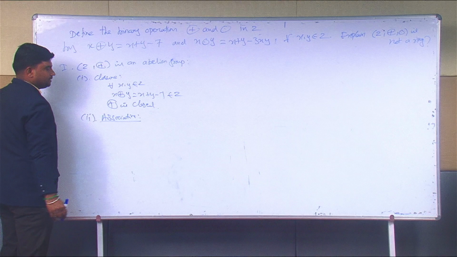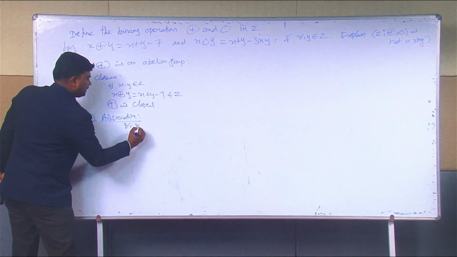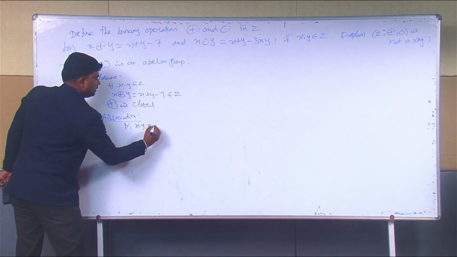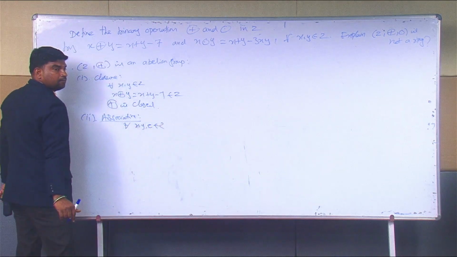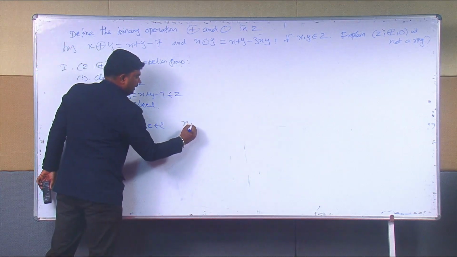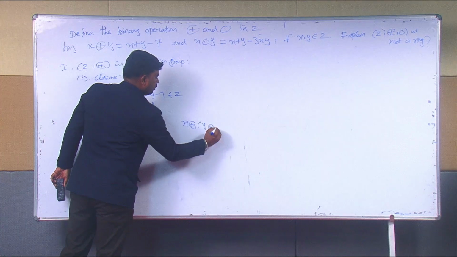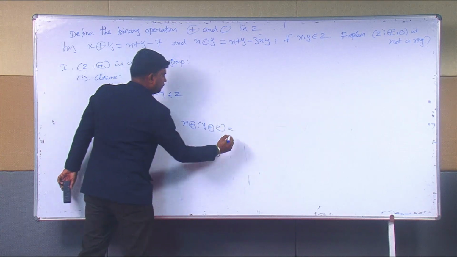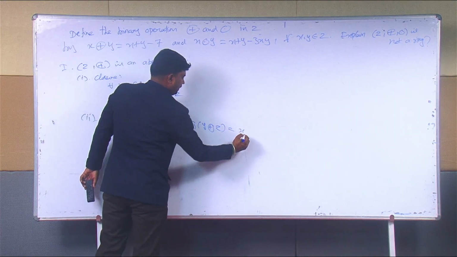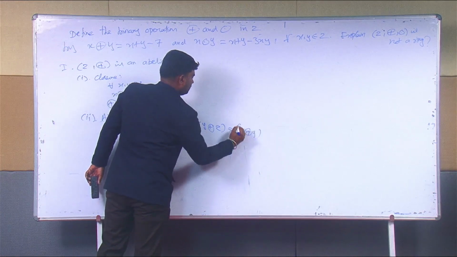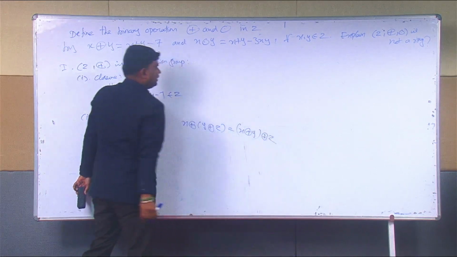Take three elements x, y, z belongs to Z. I want to verify x addition modulo y addition modulo z equals x addition modulo y addition modulo z with the bracket changed.